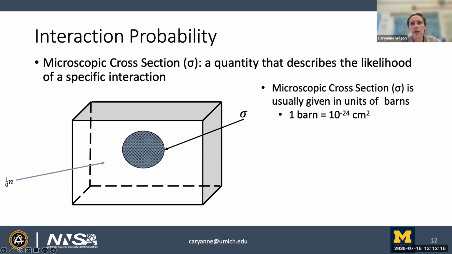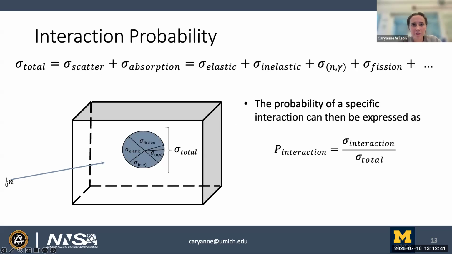Each type of interaction has its own specific microscopic cross-section. It's usually given in the units of barns. This unit actually came about in the Manhattan Project when the scientists were fissioning uranium, and the thermal neutron cross-section for that is as big as a barn. So it was really easy to hit, and that's where that unit came about.